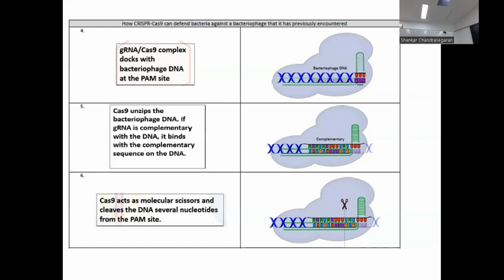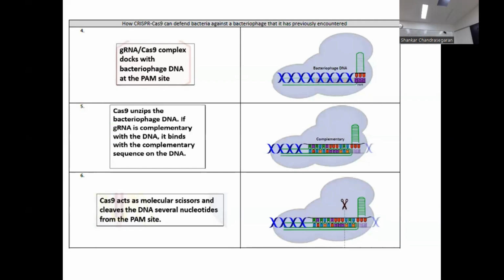Second, it is checked against the sequence on the guide RNA to see whether it's complementary with the sequence it is searching through. If both are complementary and both have passed the verification, there will be a double strand cut through the sequence about a few base pairs in front of the PAM sequence. This will cut through both strands because there are two active sites on each side of the CRISPR-Cas9 complex that can cut at both sides.